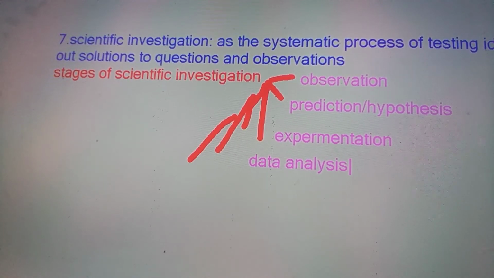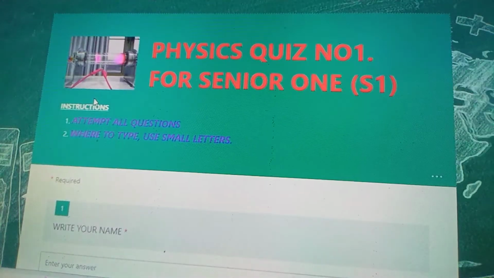Conclusion as step number 5. The last step is presentation. So these are the 6 steps.